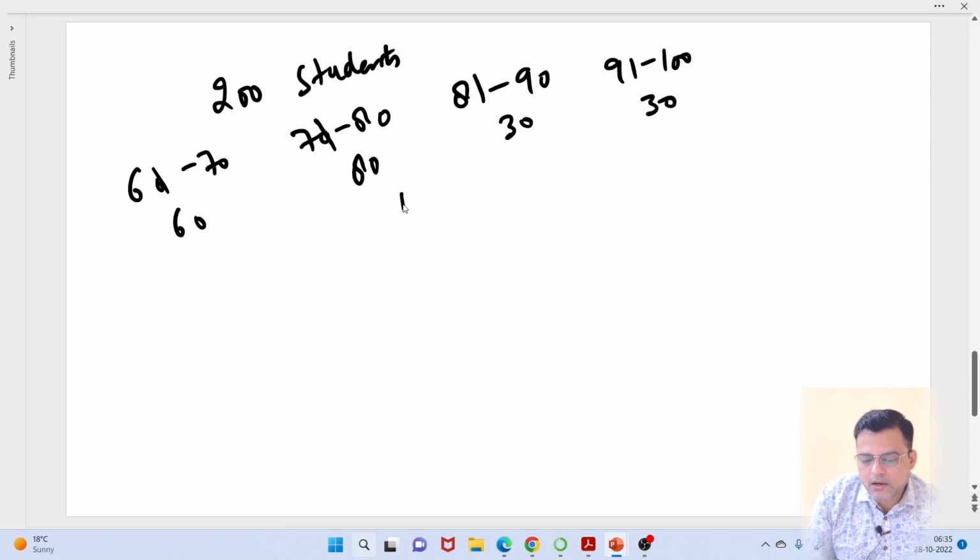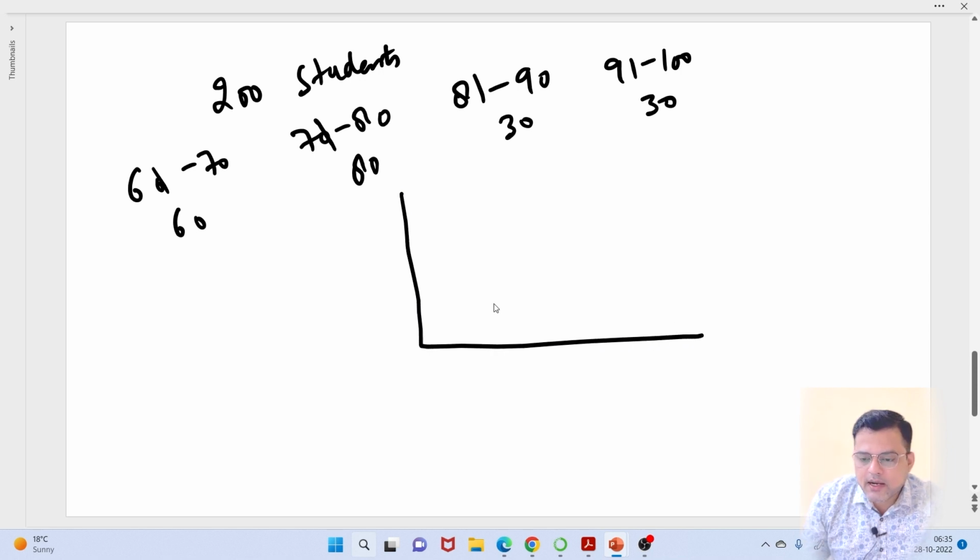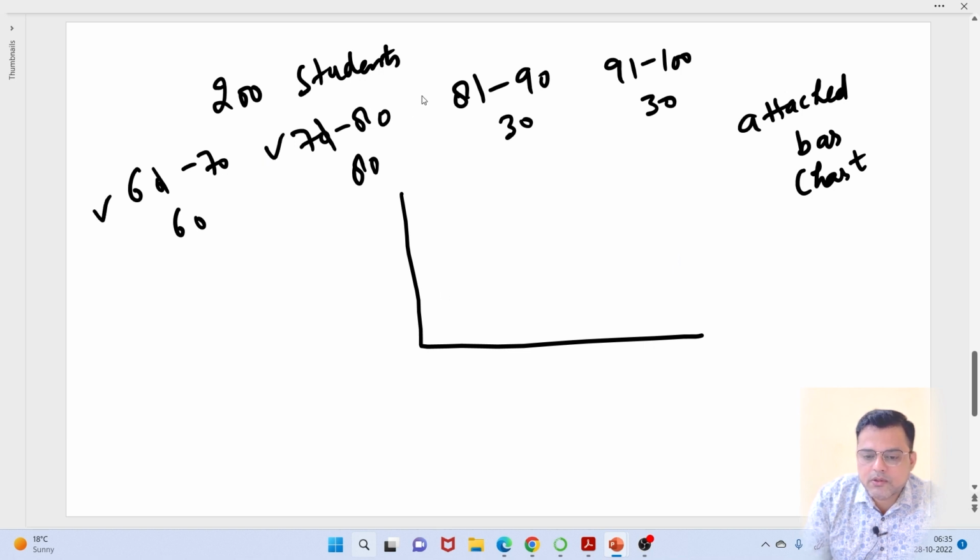Now if I have to plot a histogram, then histogram is an attached bar chart, where all bars are attached to form a distribution, and it displays the frequency distribution.